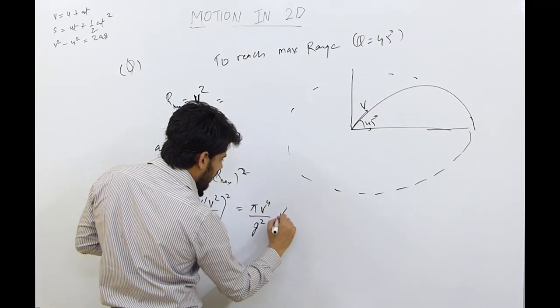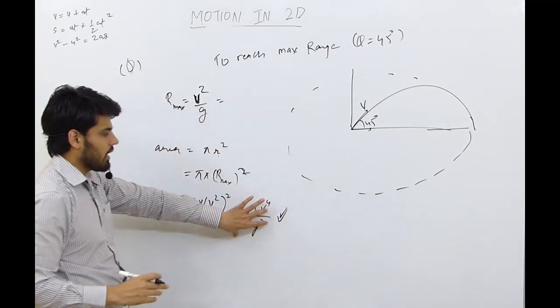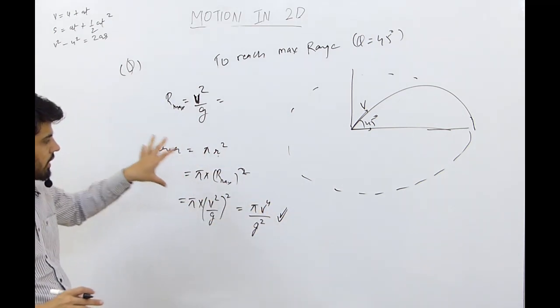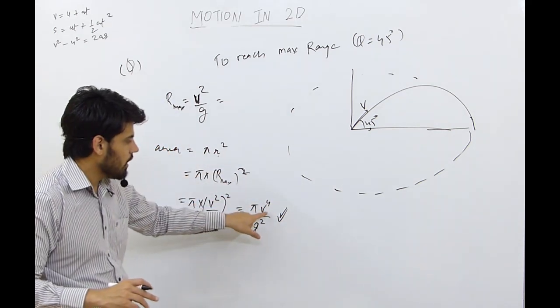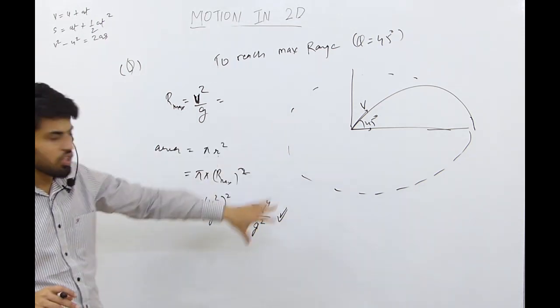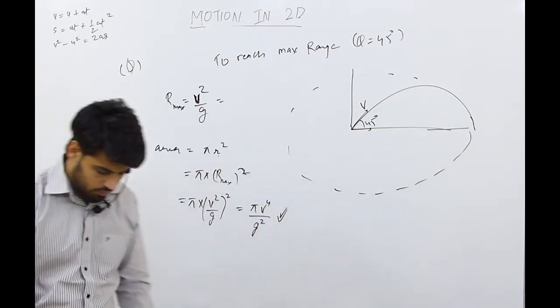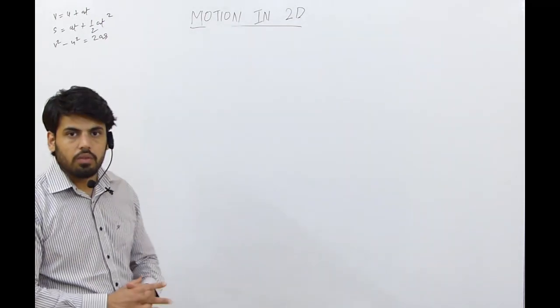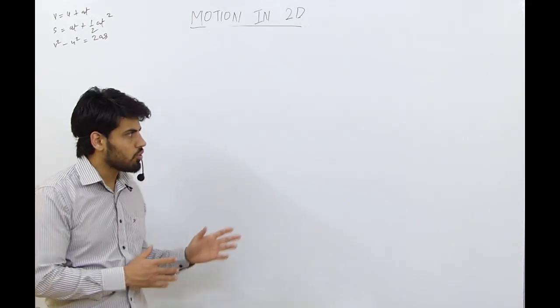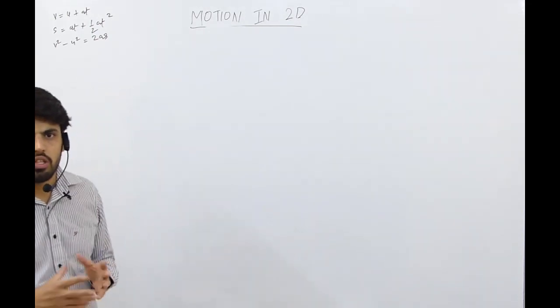This will be the answer. This is the maximum area that a bullet fired with a velocity of v can cover. Yeah, that's it in motion in 2D. Questions come basically in formats similar to these.